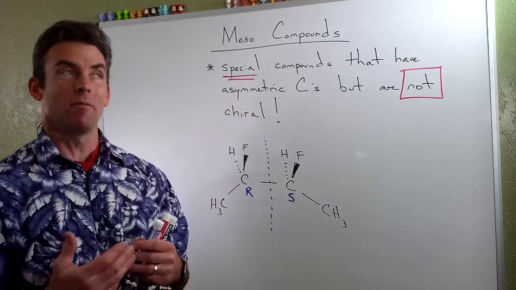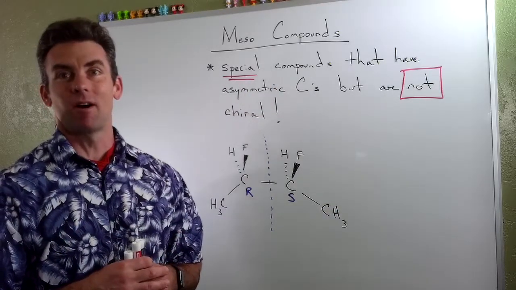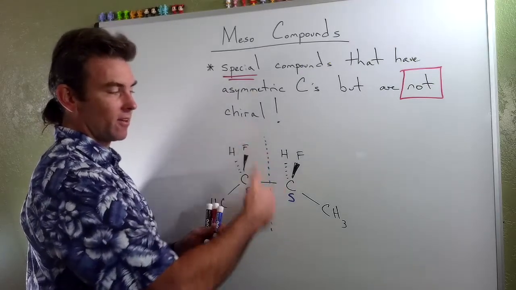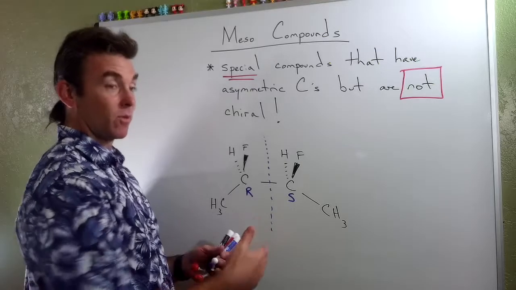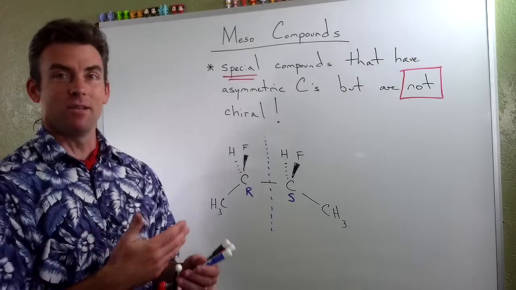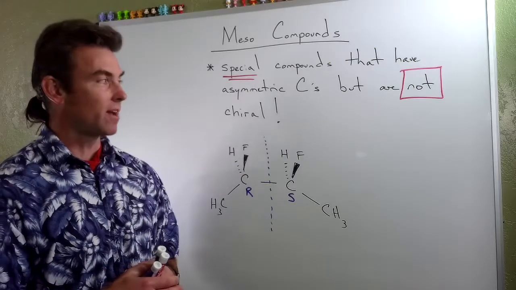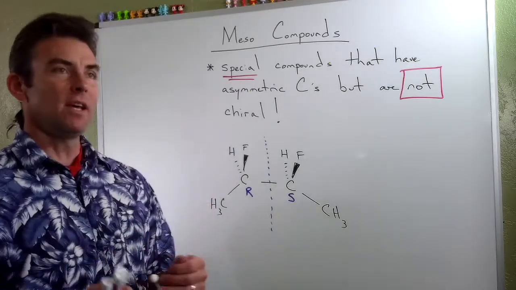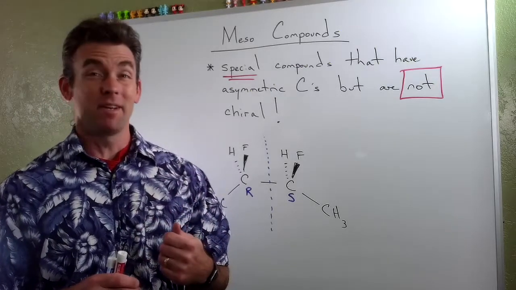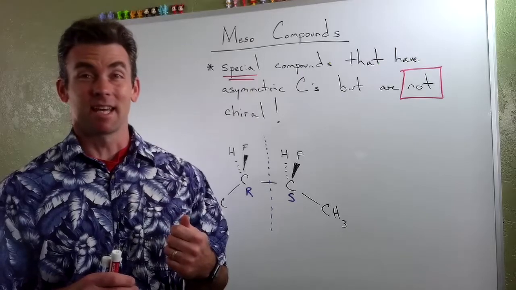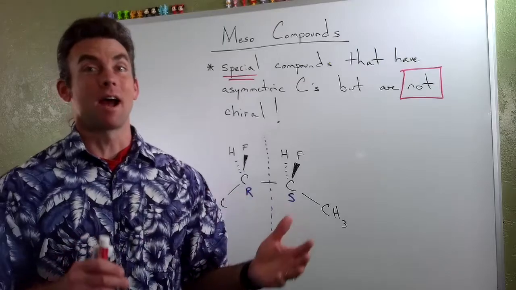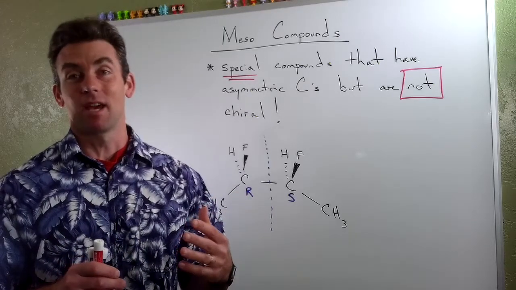And so that's one of the really great benefits of R and S: when you have big molecules where you can't necessarily see stereochemical relationships without a model kit, you can get enough practice that you can recognize certain patterns here. Meso compounds are not very common even in biochemistry and things like that. Usually if you have an asymmetric carbon, then you're going to be chiral, right? This is a really, really special case.